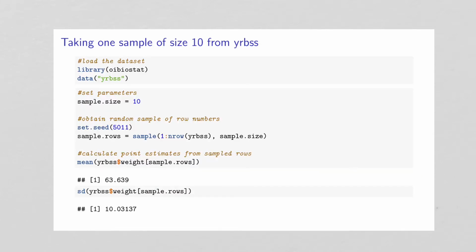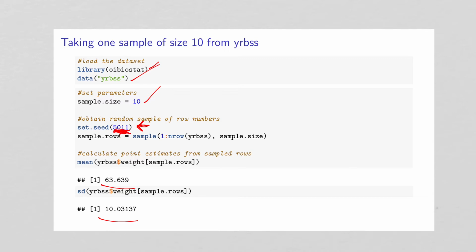So here, using R, this is how we load the library. Then we access our data for the Youth Risk Behavior Surveillance System. Sample size is 10 out of the 13,000. We set this seed so that we can replicate it. Whatever comes out of this, the 63 and the 10 over here, the seed is the randomizer.